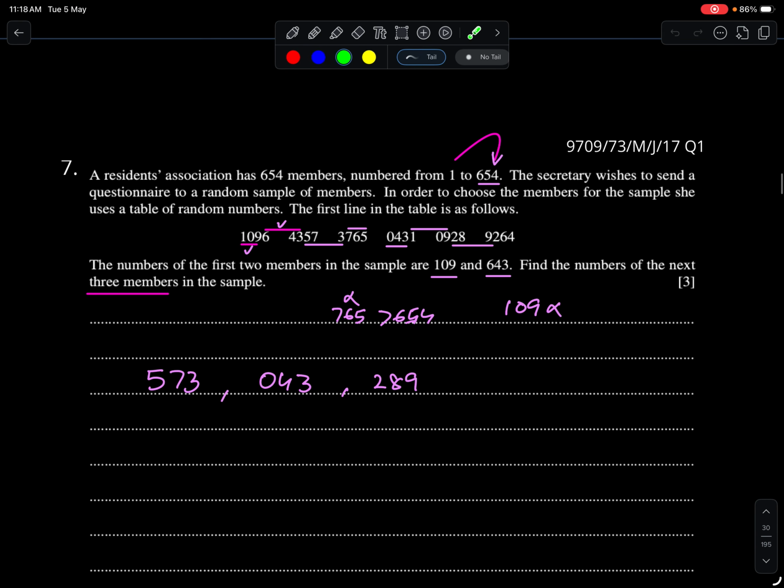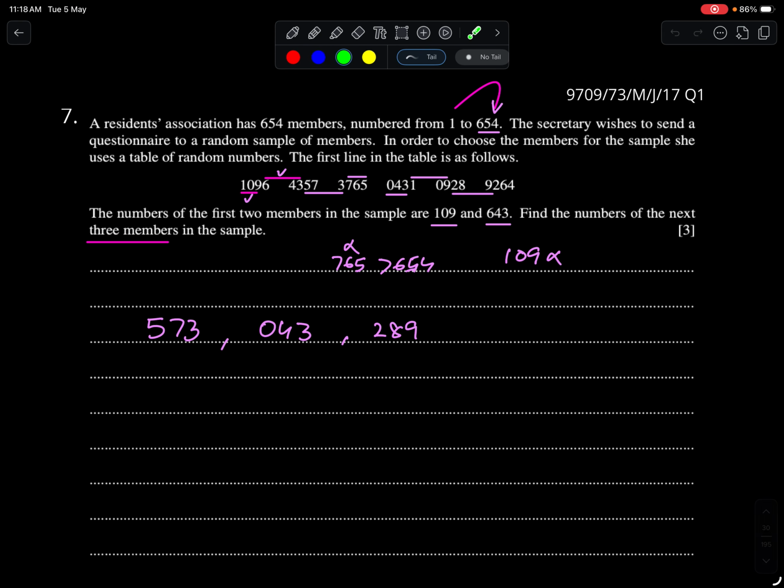Okay, if random numbers are given, how to select the sample? A residents association has 654 members, numbered from 1 to 654. The secretary wishes to send a questionnaire to a random sample of members. In order to choose the members for the sample, she uses a table of random numbers.